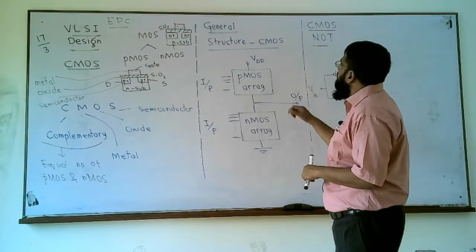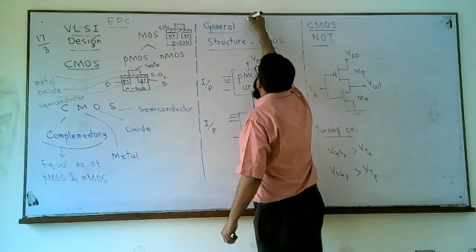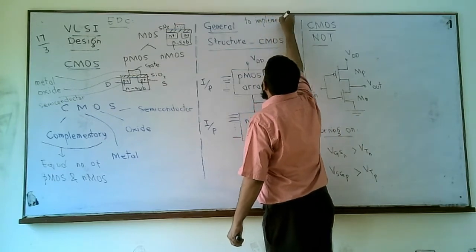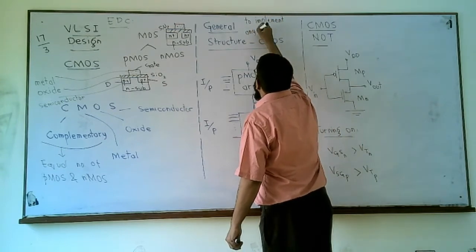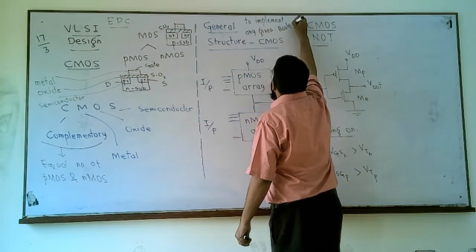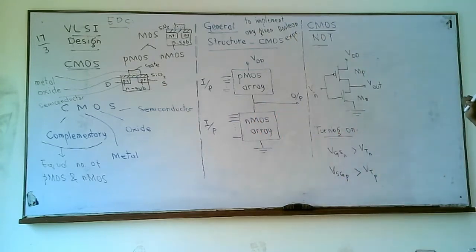So this is a general structure of a CMOS which we can use to implement any given Boolean expression.